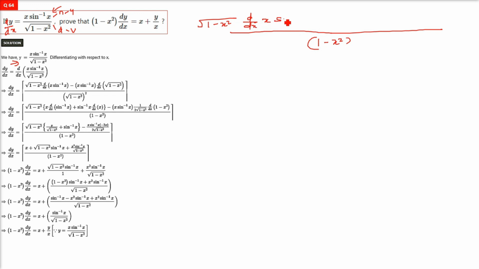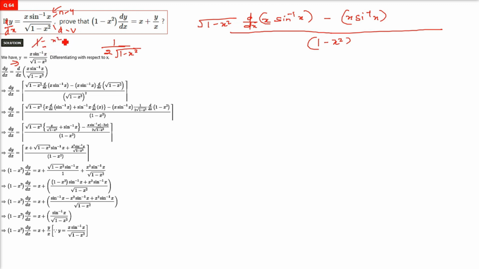Now d by dx of x sine inverse x, that will be performed with the product rule. Then x sine inverse x in the front, and d by dx of under root 1 minus x square. So anything with the root will be 1 by twice of under root of that thing. So 1 by twice of under root 1 minus x square.